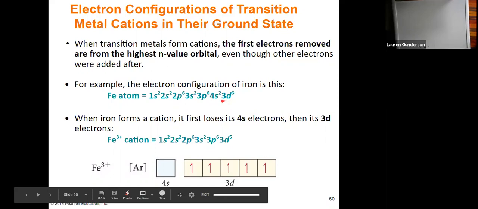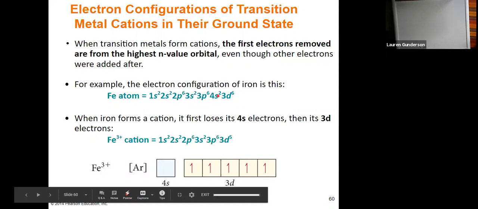So take an iron atom. I'm going to convert it to an iron 3+ cation. We need to remove 3 electrons from this electron configuration. So we're not going to pull them off of the 6 electrons in the 3d sublevel. First, we're going to go to the 4s principal energy level, because n equals 4 is the highest level present in the iron atom, and we're going to remove those 2 electrons.